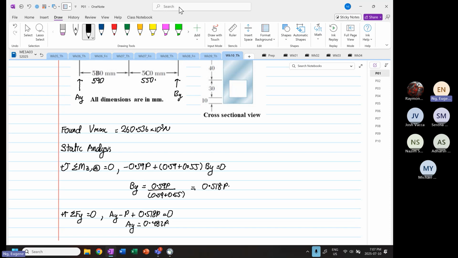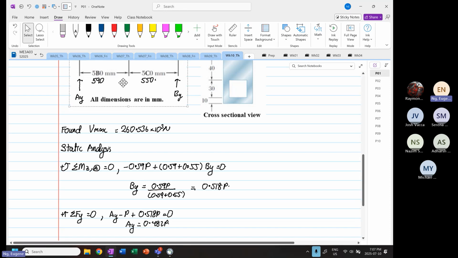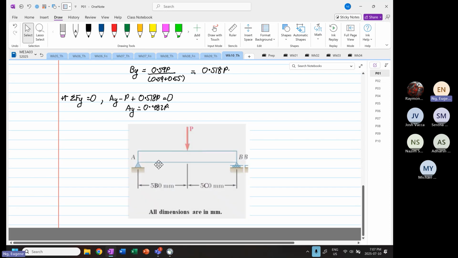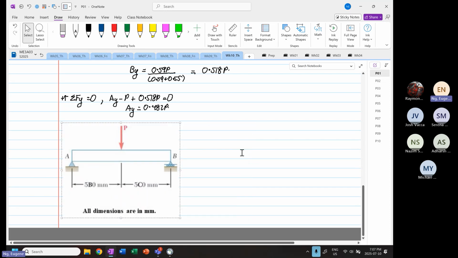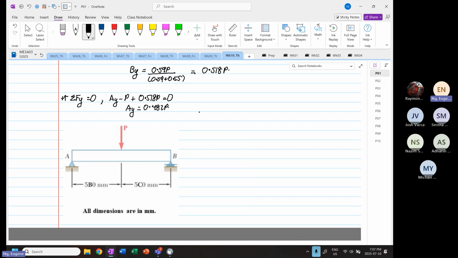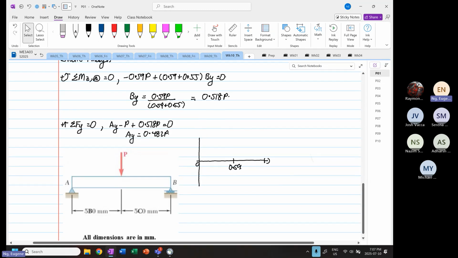Now if we were to sketch our shear force diagram, again this is just a sketch. So this is 0, 0.59, and then you have 1.14.